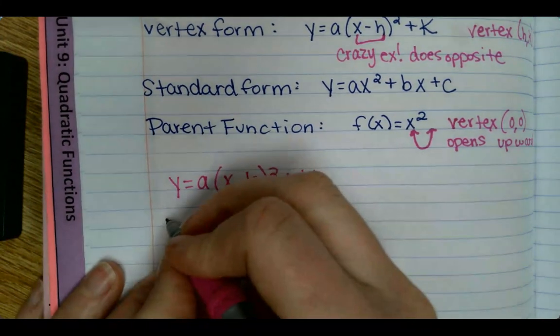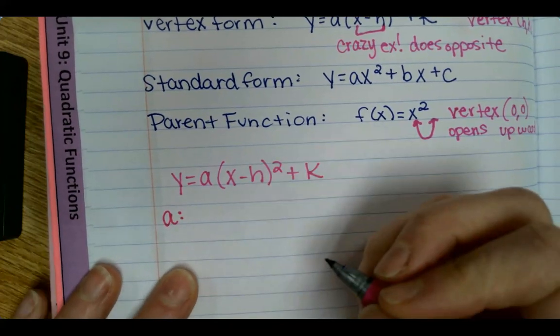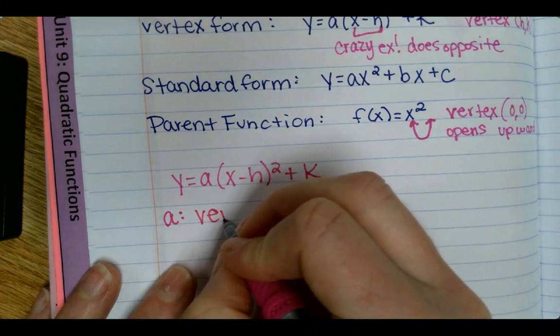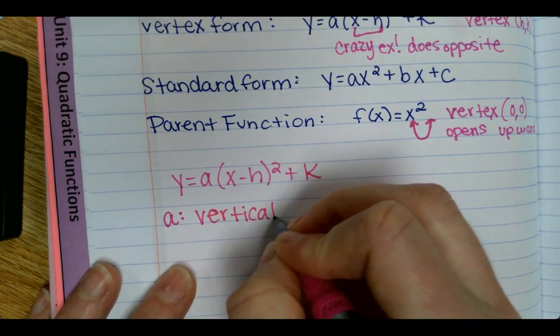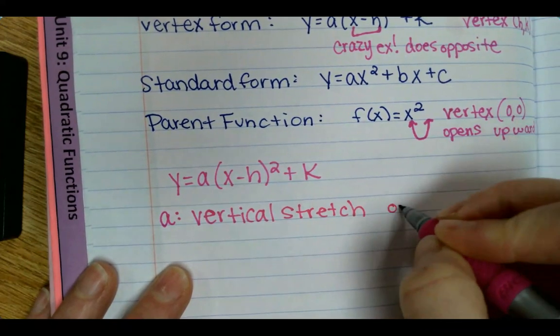So the a value is going to tell you whether it's a vertical stretch or compression.